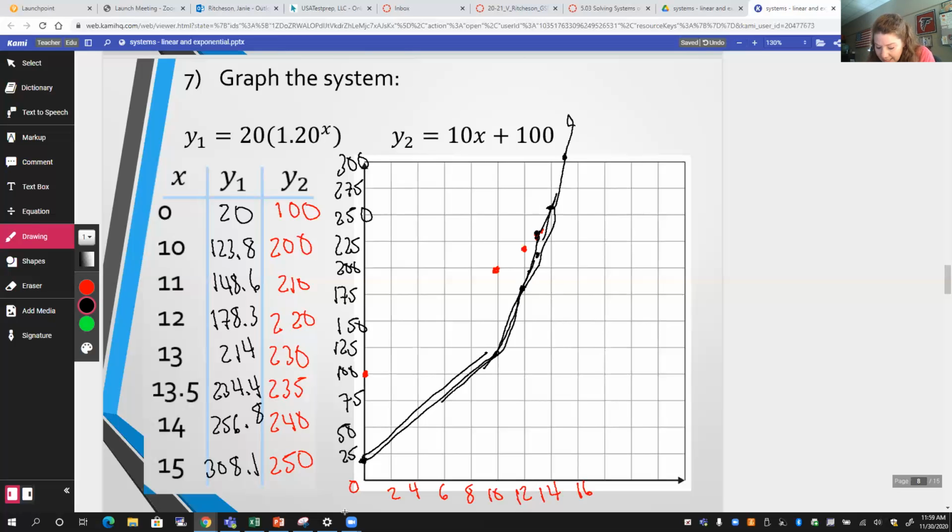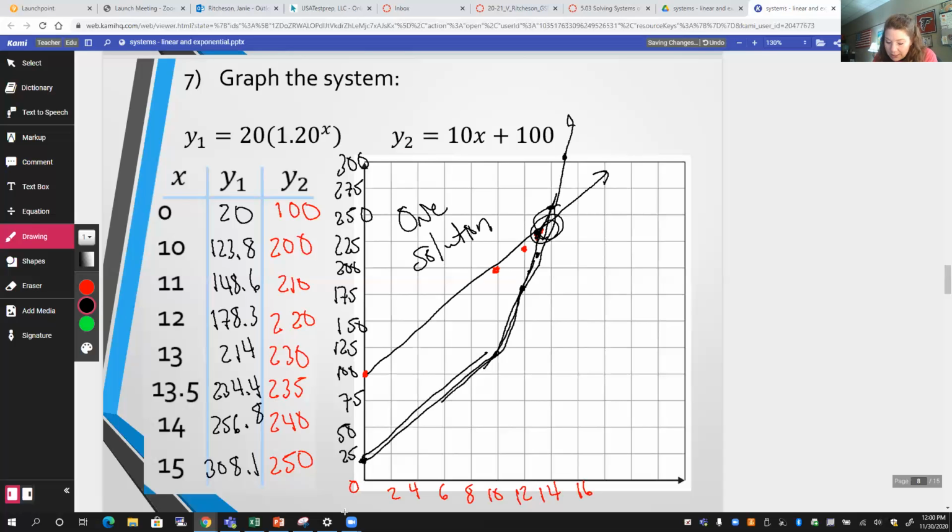But they intersect really close to when x is 13. I didn't draw it right anyway. My straight line, even though it's supposed to be in red, is supposed to go up like this. So this is close to the intersection, you guys. So anyway, hopefully you can see it's one solution, even though my graph is a disaster.